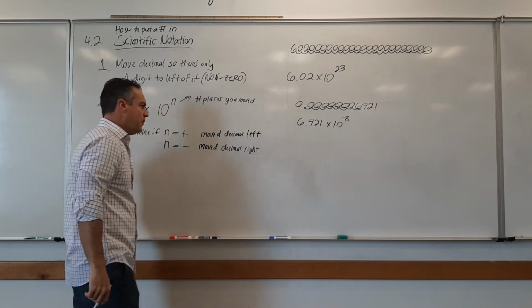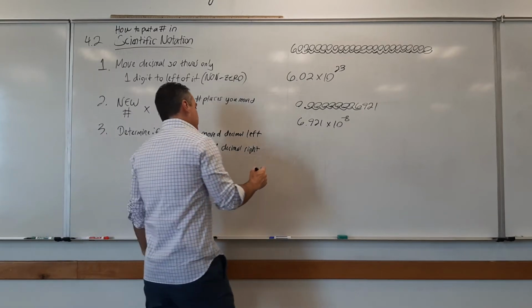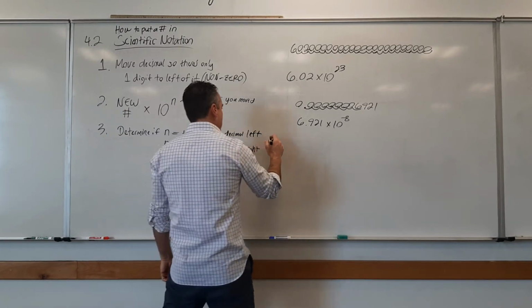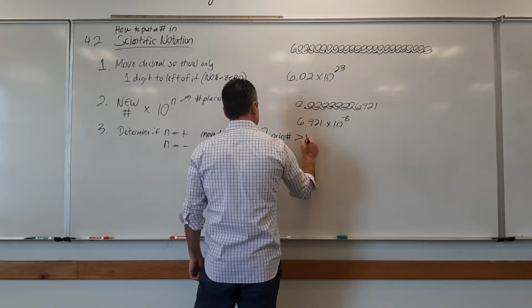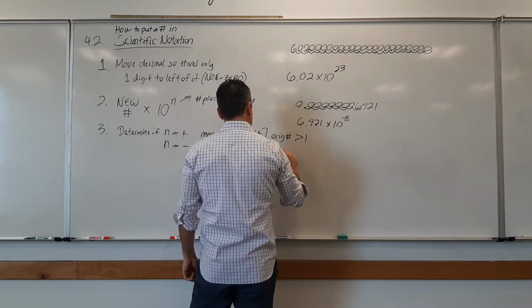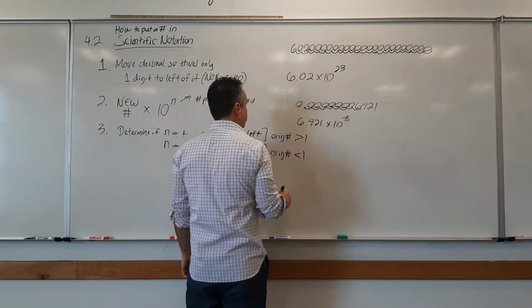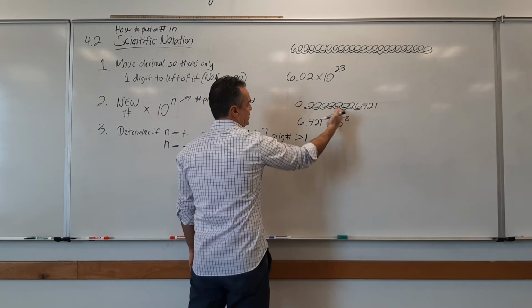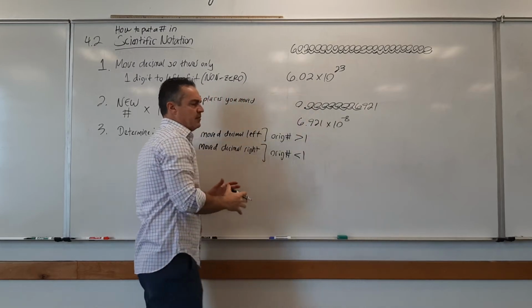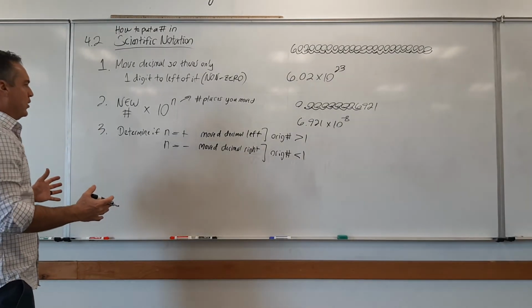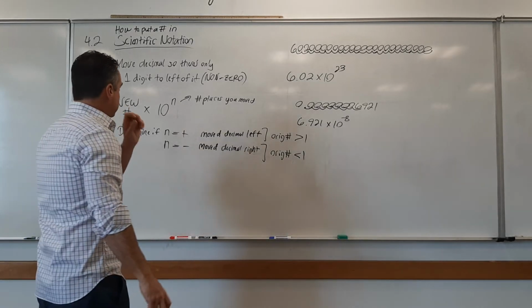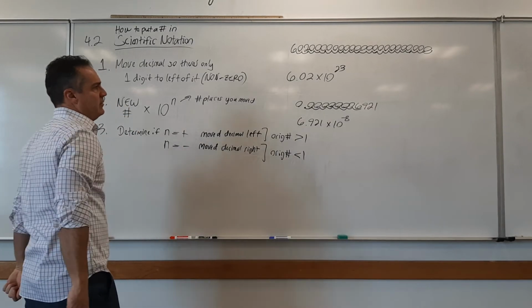Another way to think about this is whether your original number was greater than 1 or less than 1. This number was much less than 1. That number is much bigger than 1. Sometimes that's an easier way for people to memorize it. Either way, it works. All right, so that's how we put numbers into scientific notation.